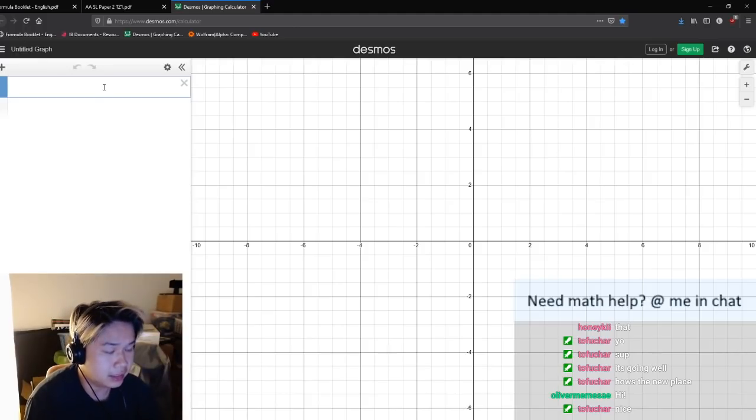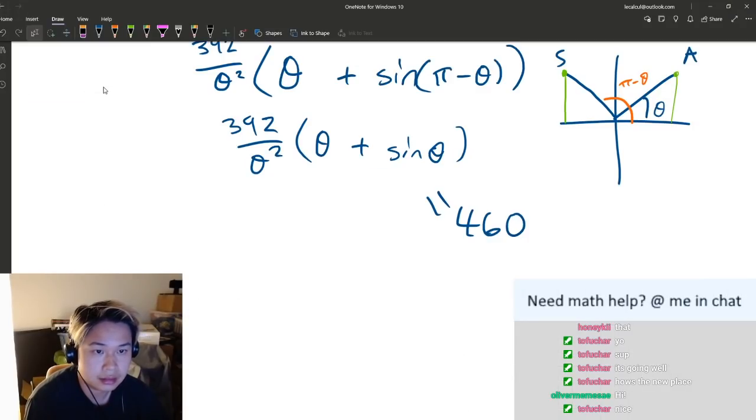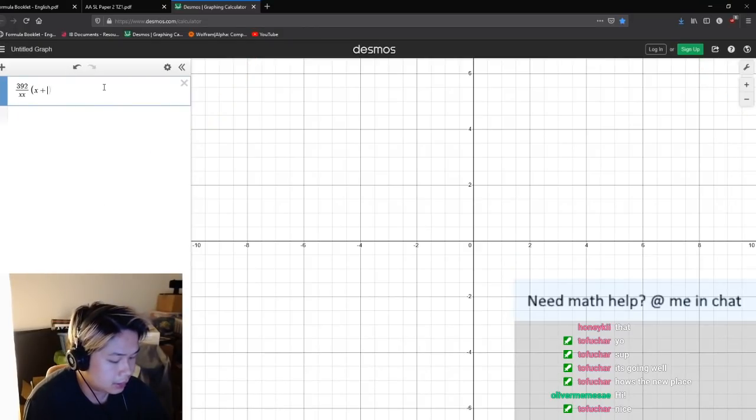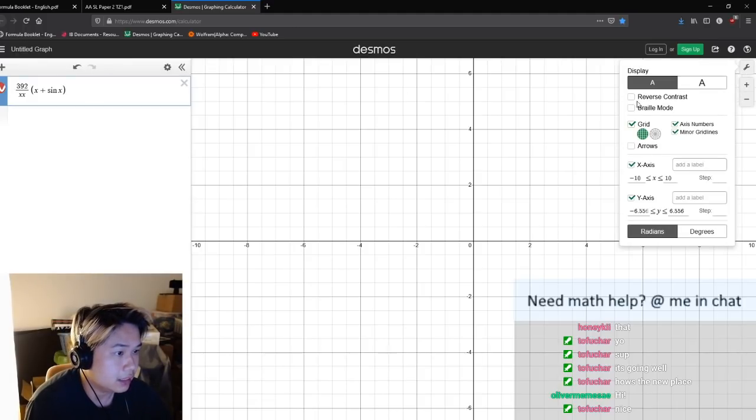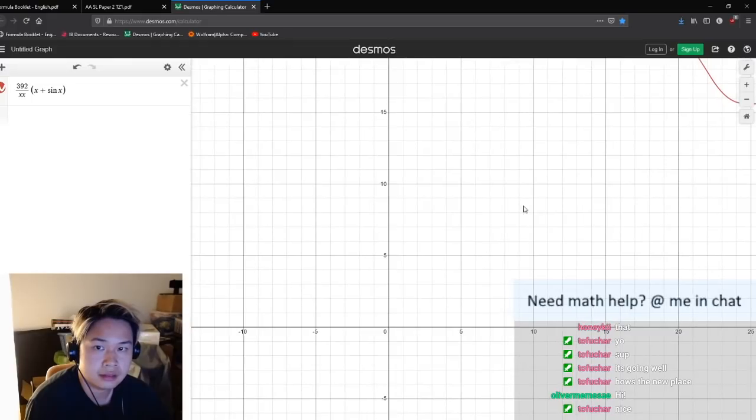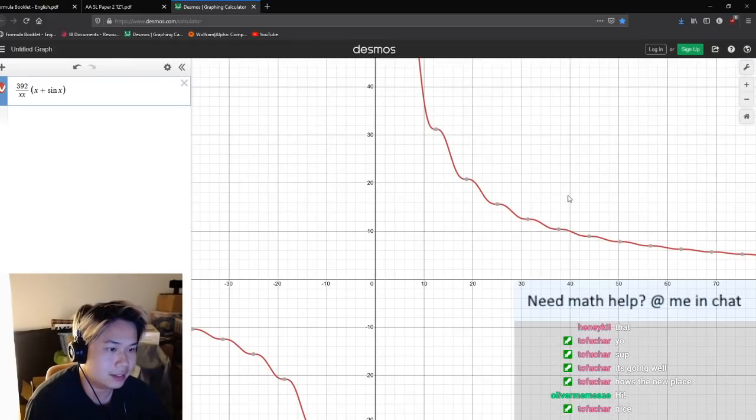So I'm going to solve it on Desmos, just because it is a touch faster for me. So it was 392 divided by x squared, bracket x plus sine of x. And then make sure that I'm in radians. So look at this graph. Whoa.